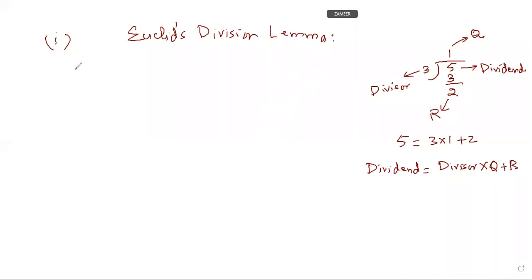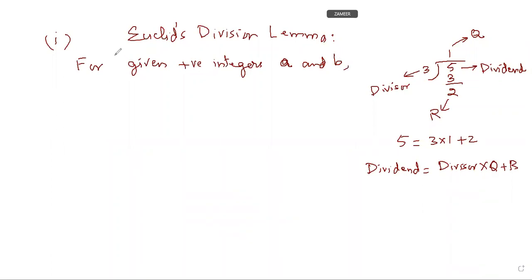In our course, the statement is for given positive integers a and b. That means we are taking any two positive integers a and b.